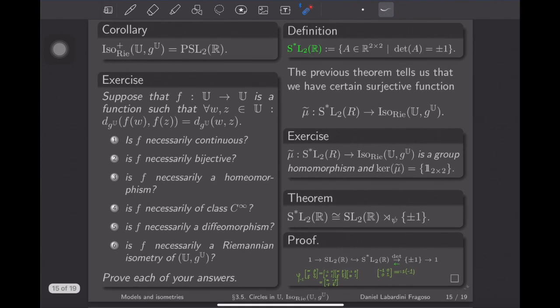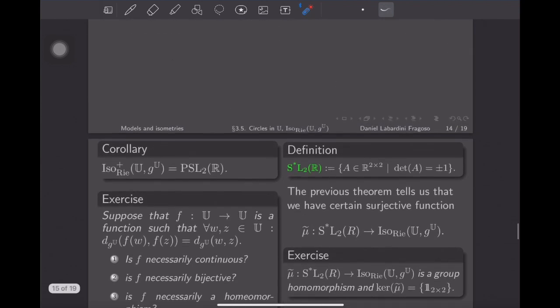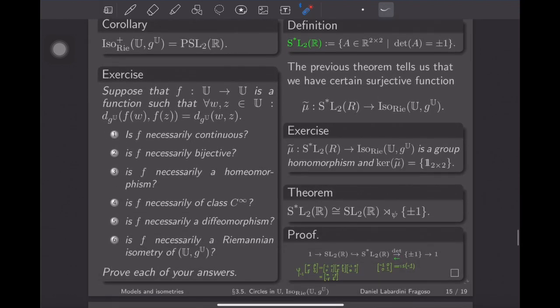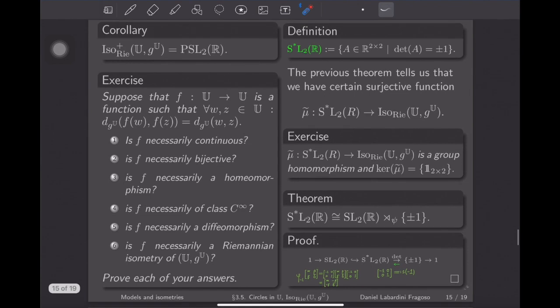And then the final part is to try to give a description of the whole group of Riemannian isometries. Okay. So definition, you see I enhance SL2R to this S star L2R, which is just the 2 by 2 real matrices of determinant 1 and -1.